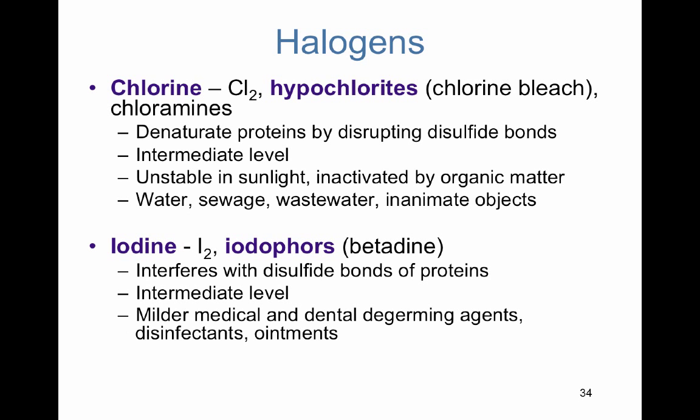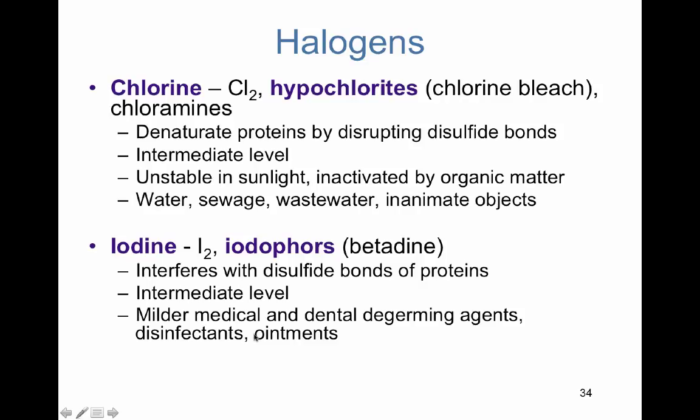So first, halogen. So this would include chlorine and iodine. So bleach, for example, will target proteins by breaking disulfide bonds between thiol groups. It's intermediate level, so this would be the target, and it's used to treat water, also wastewater, inanimate objects, but it is unstable in sunlight and can be inactivated by organic matter. Another halogen is iodine.